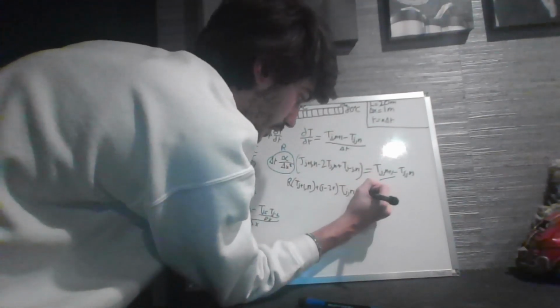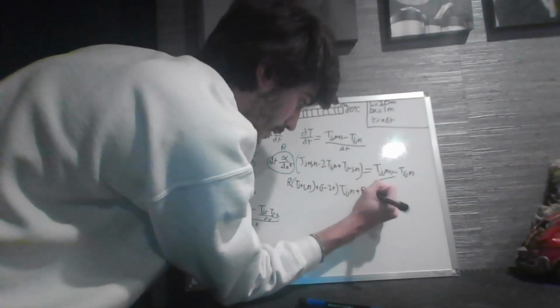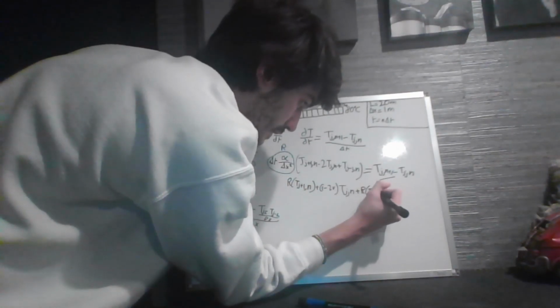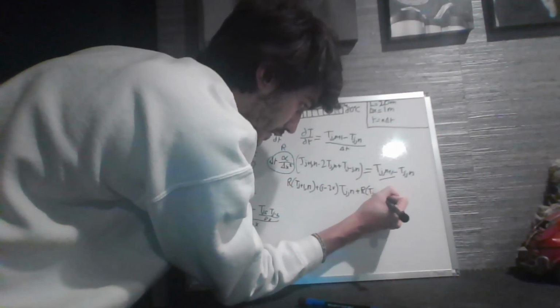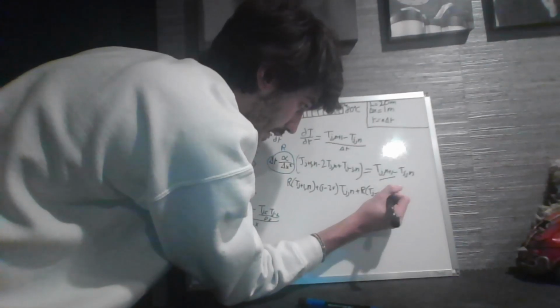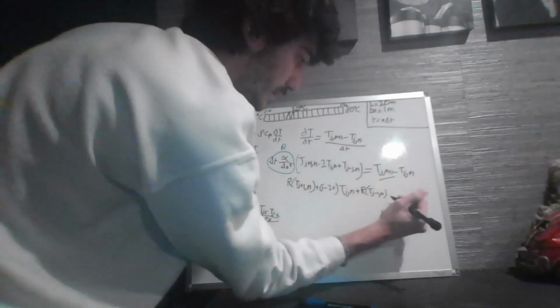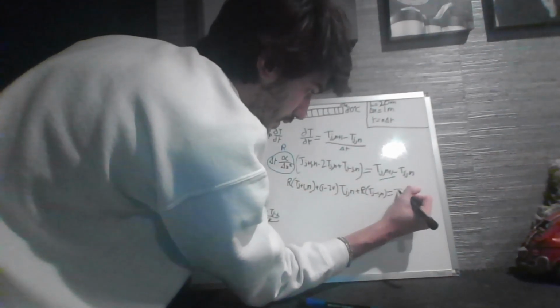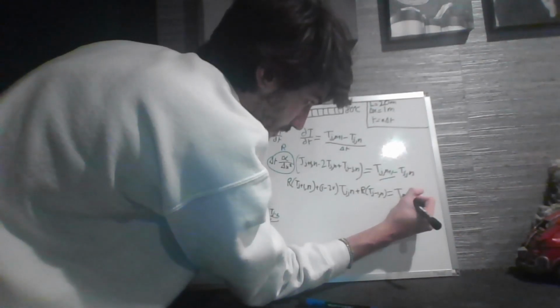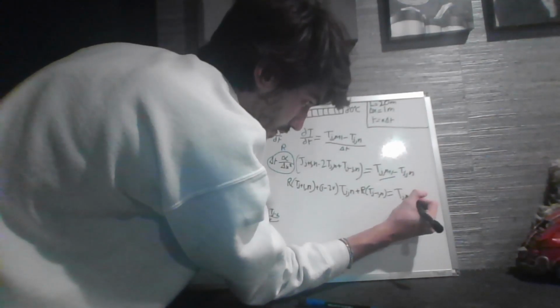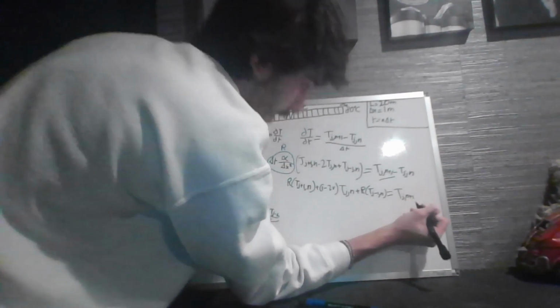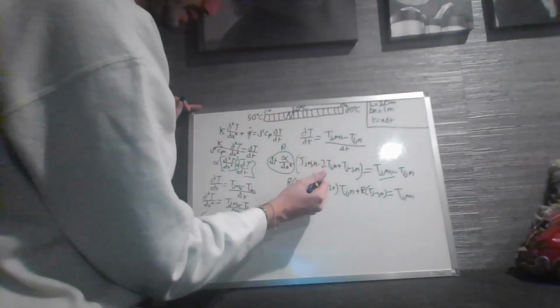Then plus 1 more r, r at T of j minus 1, of course, at time n. And then this is going to be equal to our temperature at j at the time after, j at n plus 1. There we have it.